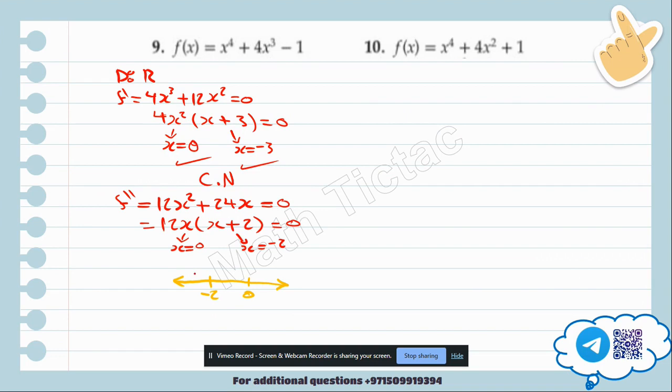So I have positive, negative, positive. So that means I have concave up, concave down, and concave up over here.